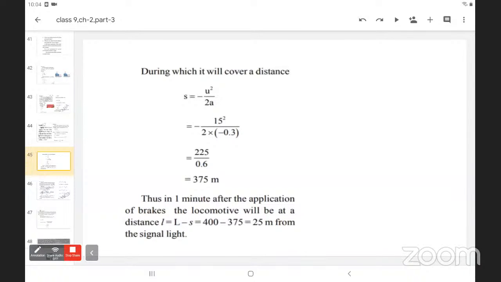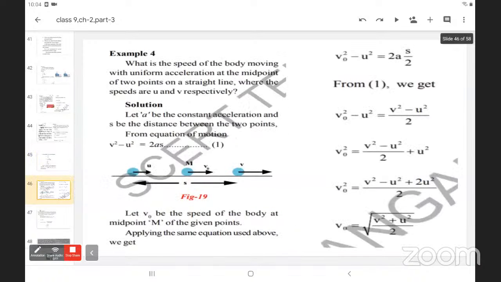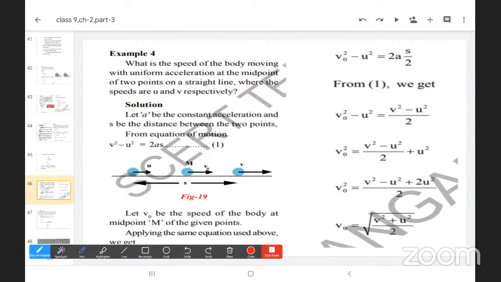Now, next one, example 4. So look at the question here. What is the speed of the body moving with uniform acceleration?